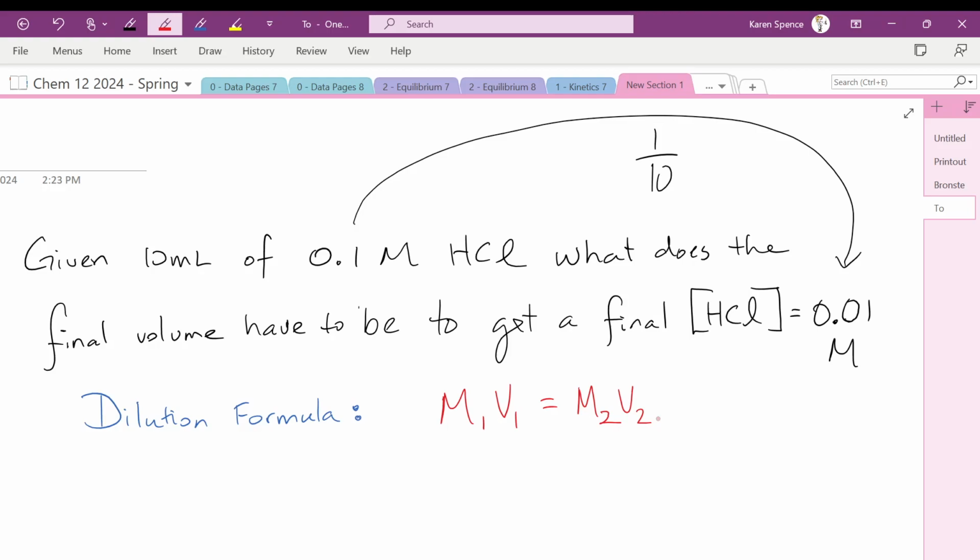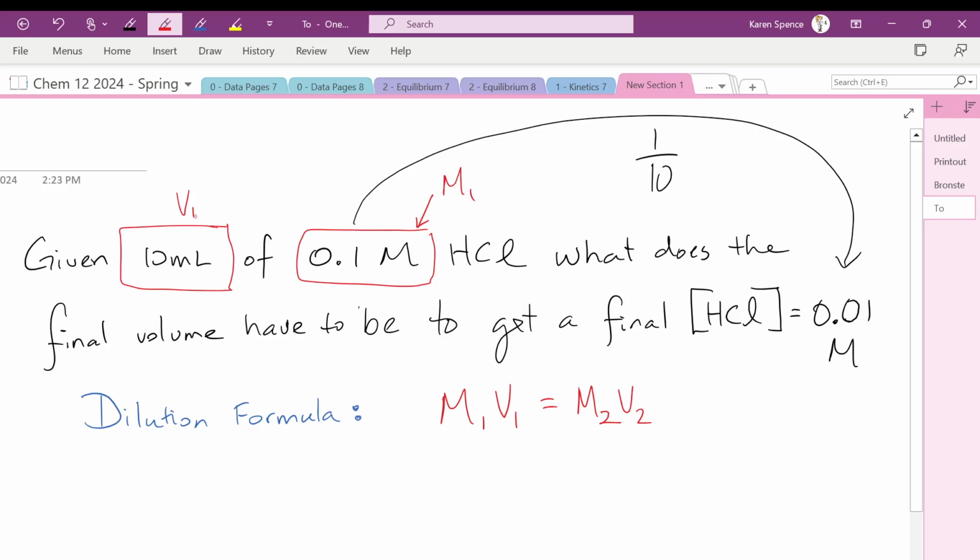Now, what does M stand for, do you think? Molarity. So, what is our starting molarity? 0.1 molar. That right there is M1. What's our starting volume? 10 milliliters. So that's going to be V1.